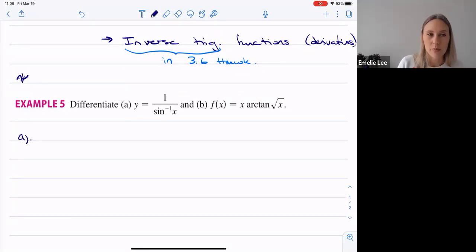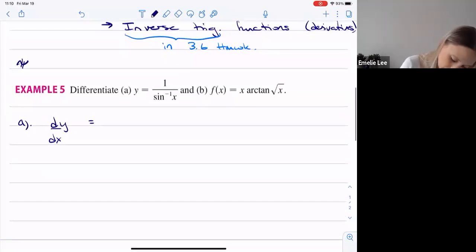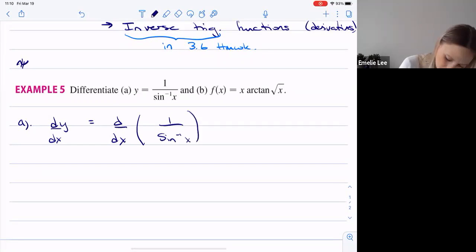And you can use y prime if you want, because what we do is we differentiate both sides. So I'm going to do d dx of y is d dx of 1 over sine inverse of x.